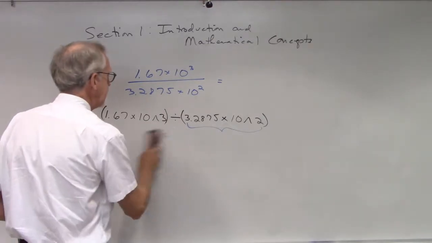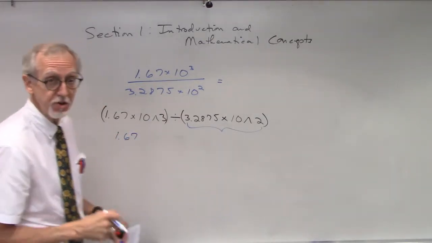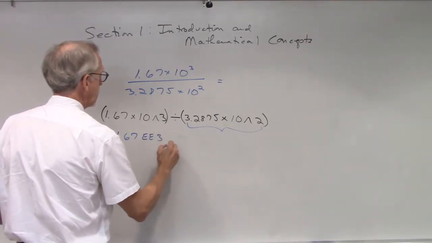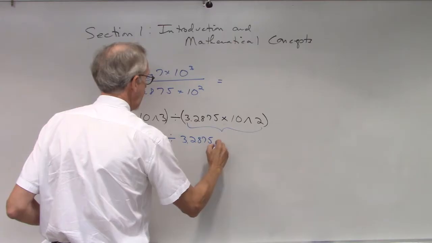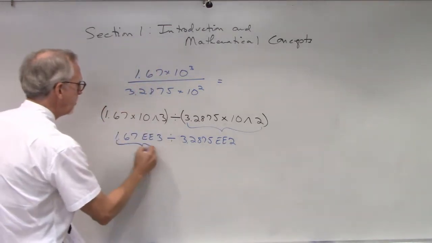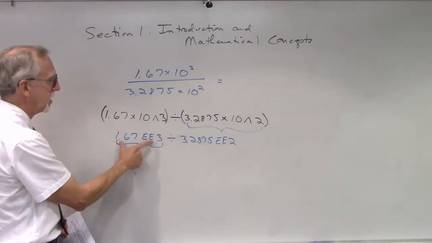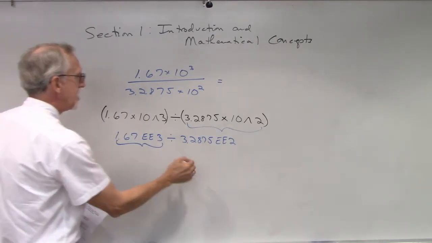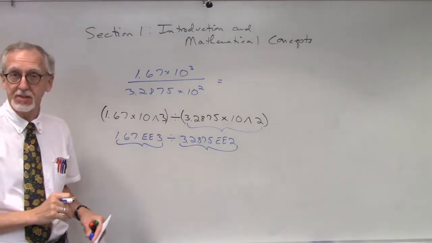So if you enter it into your calculator this way, 1.67 EE3 divided by 3.2875 EE2, your calculator will group that. This means times 10 to the power of this. Your calculator will think of it as a single quantity divided by this single quantity. And then you don't have to use parentheses.